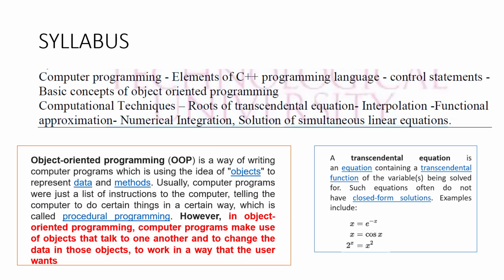So in a C++ program, we define many parameters inside, and these parameters will communicate with each other, and they can be modified even for a different program. It's not a set of instructions like a procedure. It is a group of elements inside the program which communicate to perform a defined task.